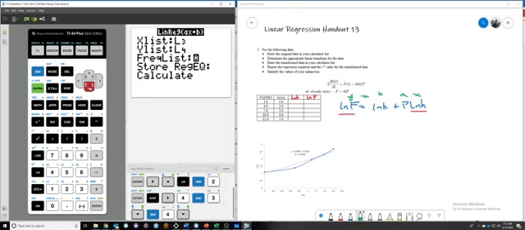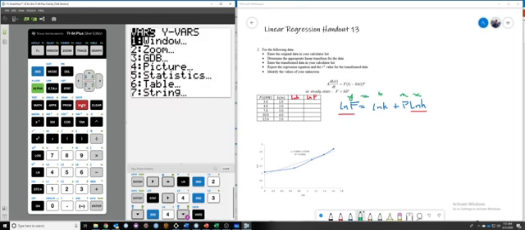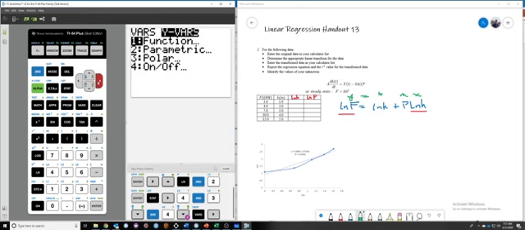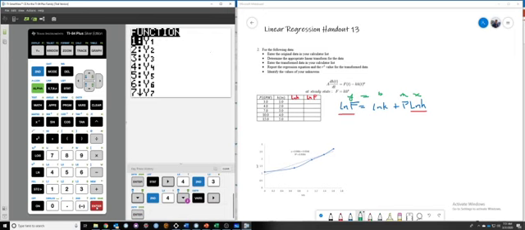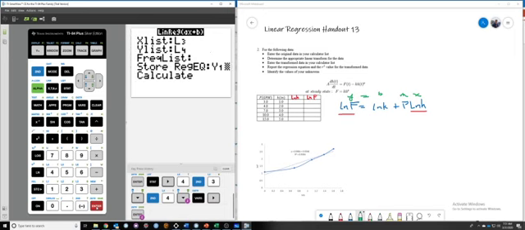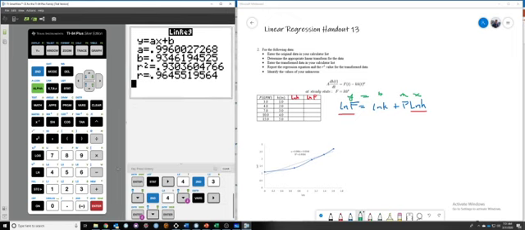I can store this in my Y equation again. So I'm going to store this regression equation in my Y. I come down to variables, over to the Y variables, the function, enter, and I'm going to save this in the Y1 function. I can then scroll down to calculate and calculate my equation. So I press enter.